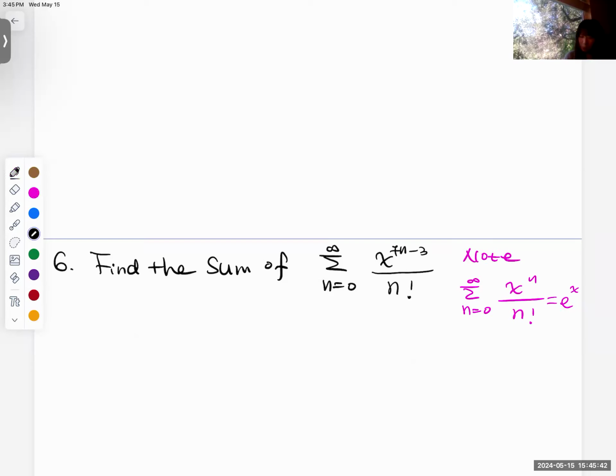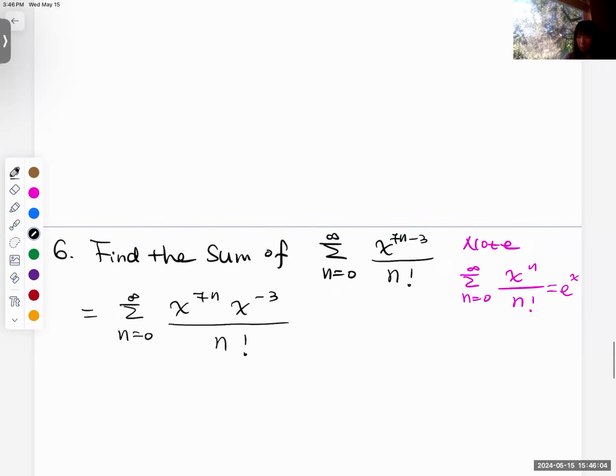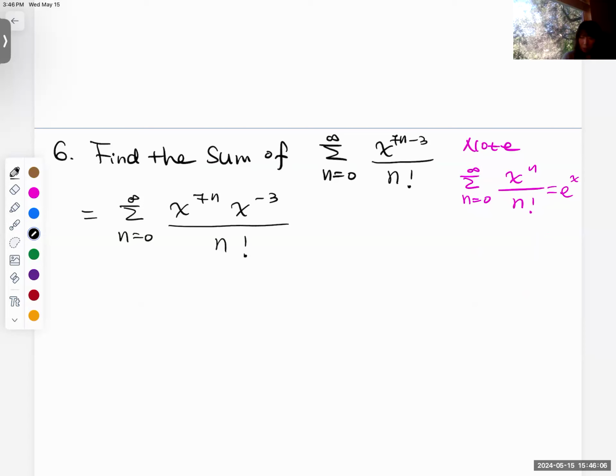Then let's do this one. So this one, we can split x to the 7n and x to the negative 3. So there will be the series of x to the 7n times x to the negative 3 over n factorial. There is no n in x to the negative 3, so we can take it out.